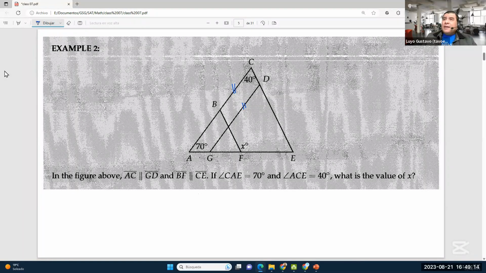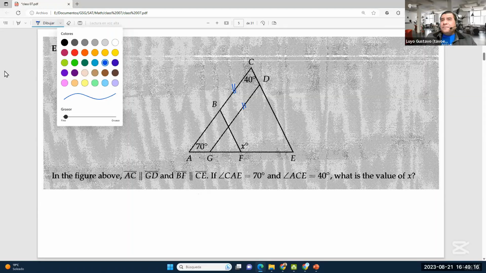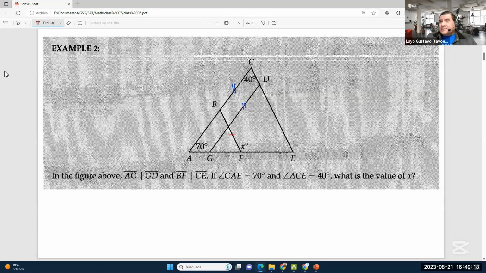And at the same time, BF, this, is parallel to CE. And we have some angle measures. So what's the value of X? Okay, I'll leave you to try and calculate this one.